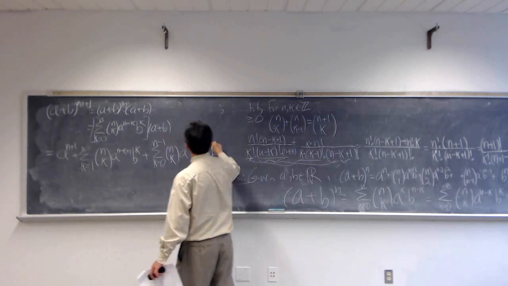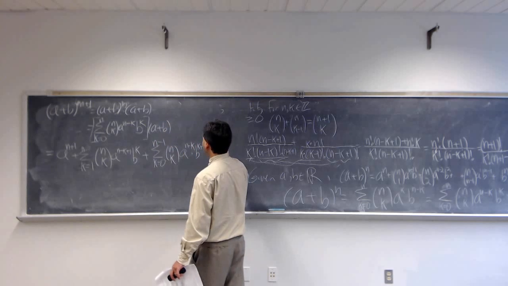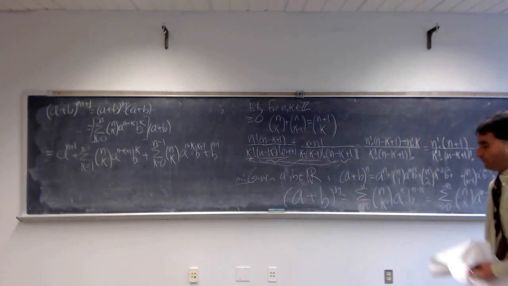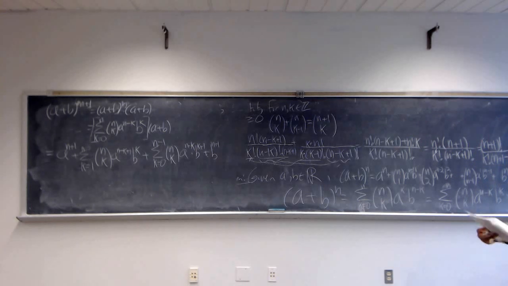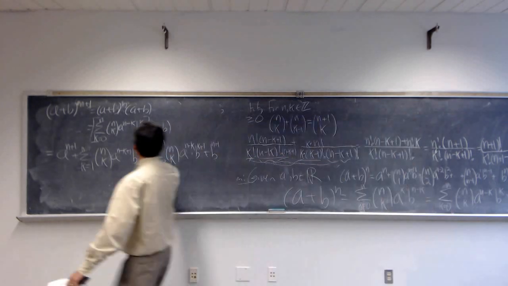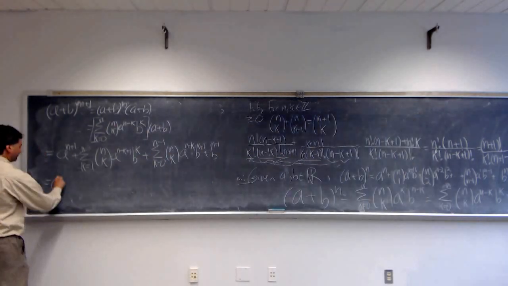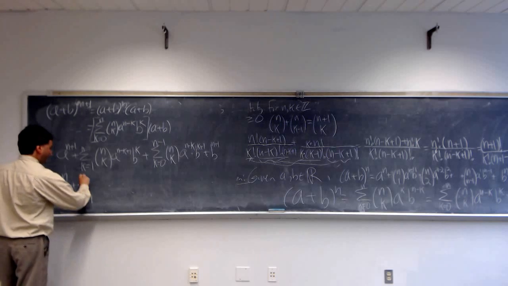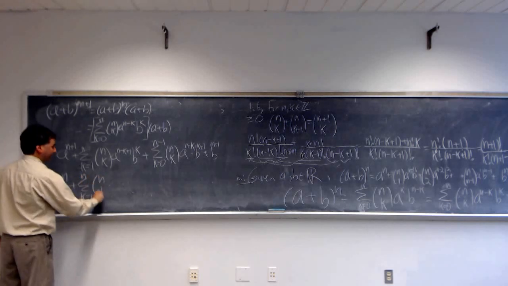And multiplied by this b would be b to the n plus 1. So we have that. And now what I'd like to do is change the index. If you think about this sum here, I'd like to get them to agree.